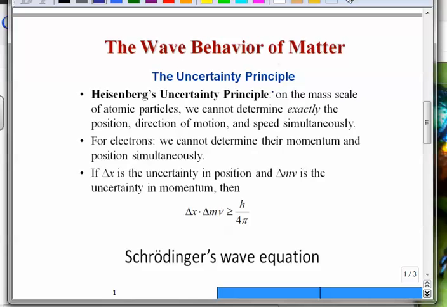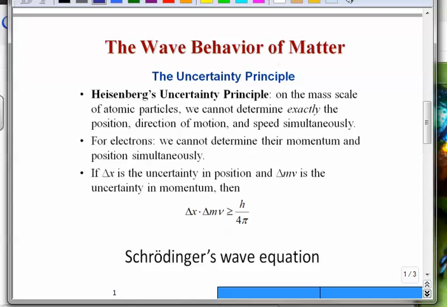Okay, and what this says is that we cannot determine exactly the position, the direction of motion, and the speed of an electron simultaneously, or really any atomic particles. Okay, so therefore we can't really say where that electron is relative to, say, the nucleus of an atom.